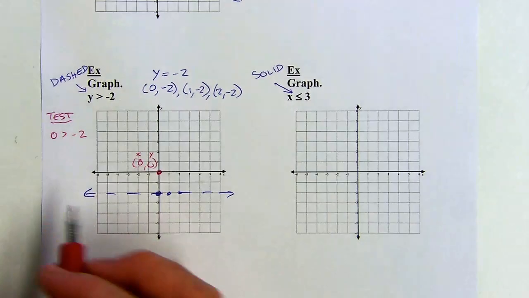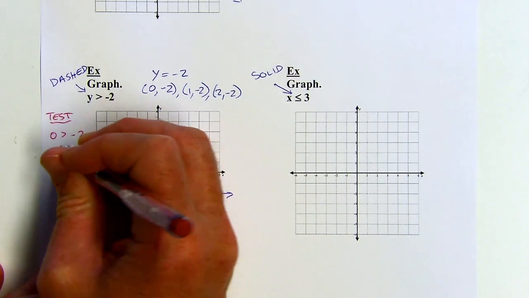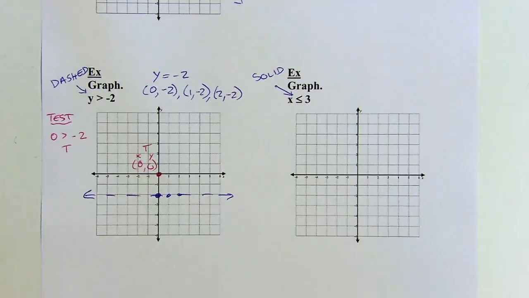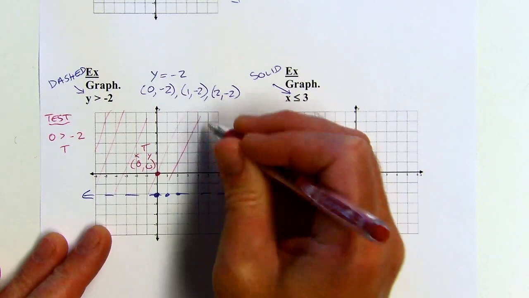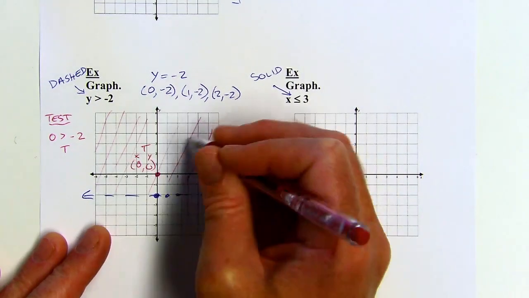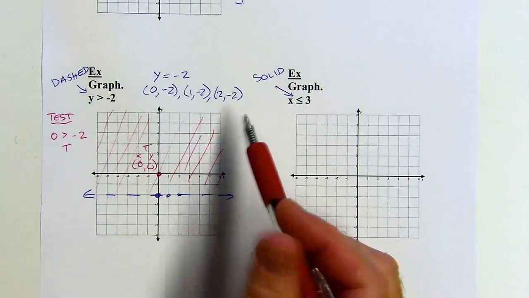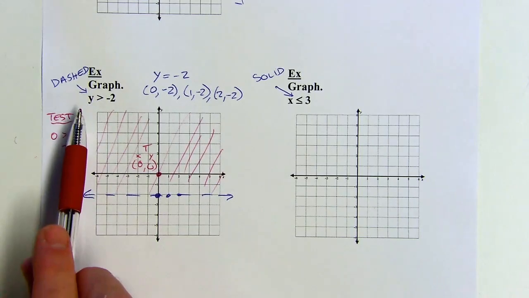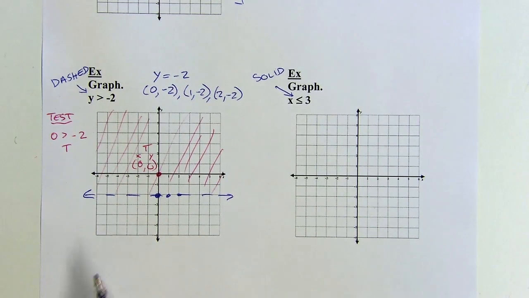And then, is 0 greater than -2? It is, right? So that means the test point is on the true side. That means this is the part that I'm shading. All of my solutions are going to be above that line, which makes sense because any point up here would have a y coordinate that's greater than -2. Any point down here would have a y coordinate that's less than -2.